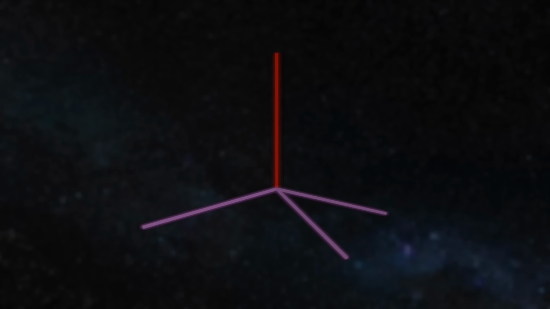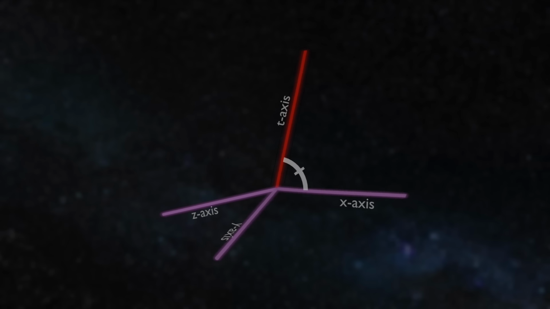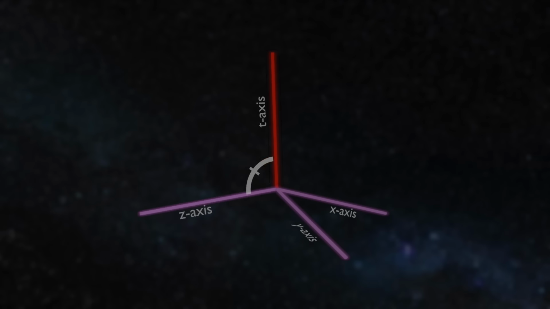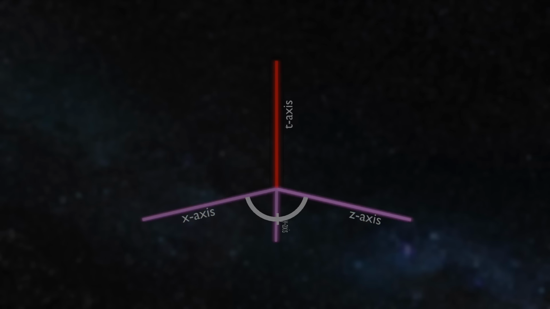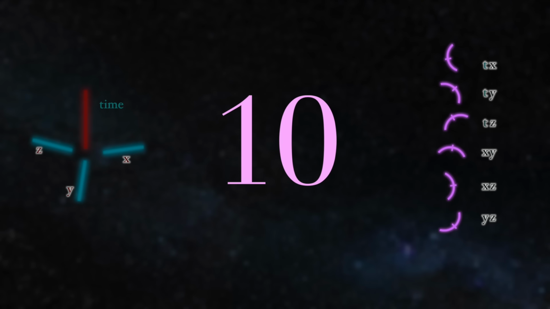We can also independently skew the angle between every pair of dimensions, meaning the angle between the t-axis and the x-axis can be skewed. The angle between the t-axis and the y-axis can be skewed, and so forth. 6 skewable angles plus 4 resizable lengths yields 10 total possible components.